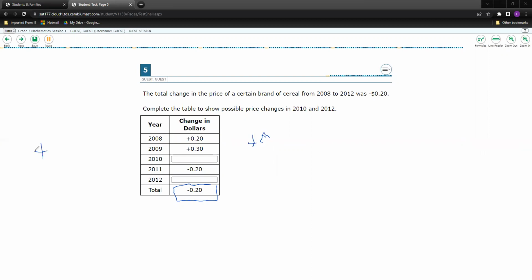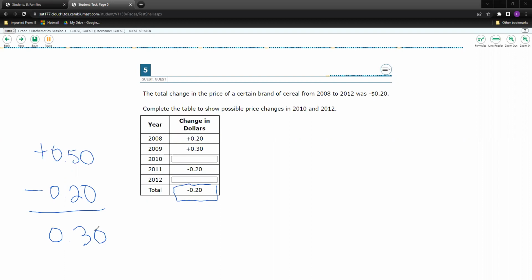I'll do it on this side. And minus 0.20. So far, we have 0.30.